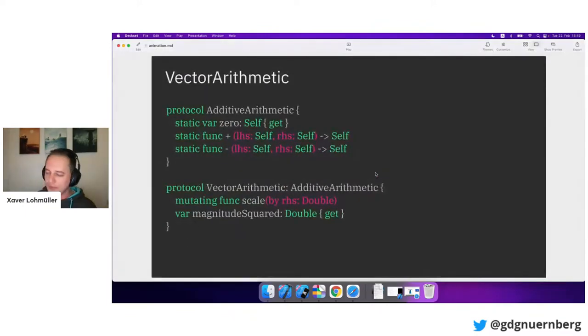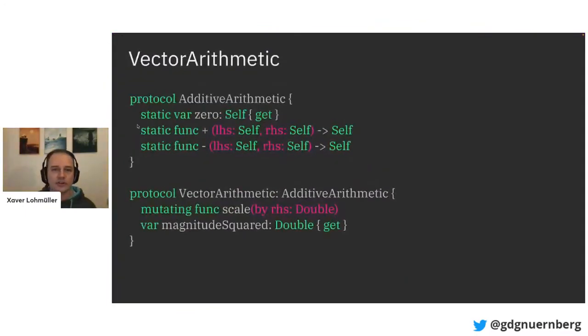And vector arithmetic is a protocol basically that all vectors have. So if you think about math class back in the day, with vectors you sort of have a zero vector, you have a way to add vectors, and you have a way to subtract vectors. And also you can scale them by a factor, so make them longer or shorter.